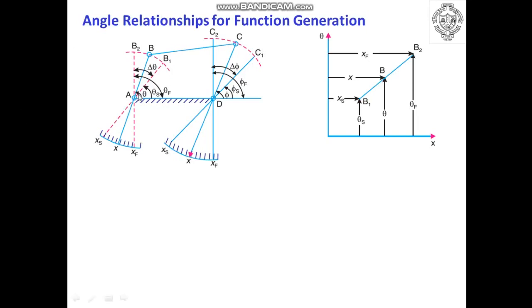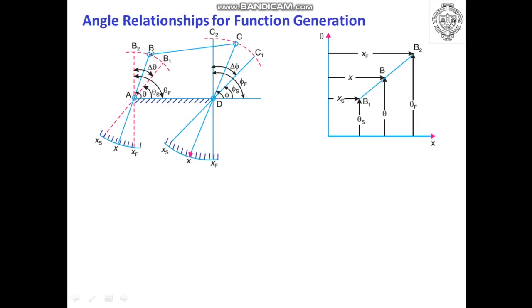Similarly, the finishing position, that is the end position of the input crank, is considered as AB2, which is inclined at angle theta f. And in between B1 and B2, that is, between the starting point and finishing point, you can visualize there is one more point which is drawn, that is nothing but link AB.